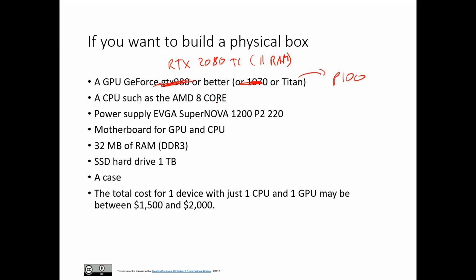Get as many cores as you can, and enough watts to support multiple GPUs later on, so 1200 watts or even 1600 watts. A motherboard that supports multiple GPUs and CPUs. 32 to 256 gigs of RAM. An SSD hard drive, say 1 terabyte, and then maybe an additional hard drive, or you can get one with 2 terabytes. And a case with cooling.